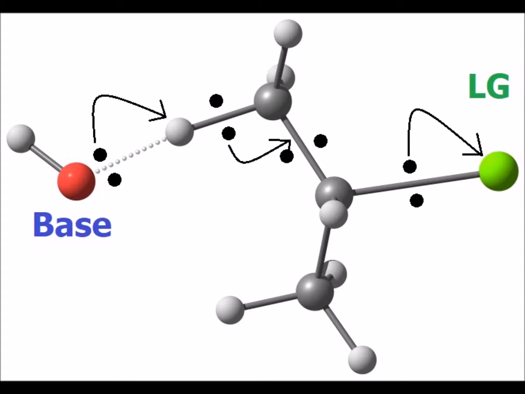From left to right, we have the lone pair on the base, abstracting the beta hydrogen. In the middle, we have the bonding pair between hydrogen and carbon, shifting into the carbon-carbon single bond to turn it into a carbon-carbon double bond. And we see the bonding pair between the alpha carbon and the leaving group chloride, leaving as a lone pair with chloride, thereby breaking the carbon-chlorine bond.